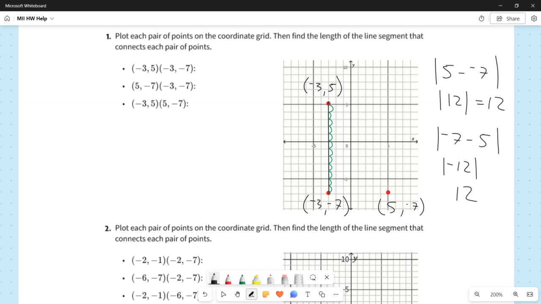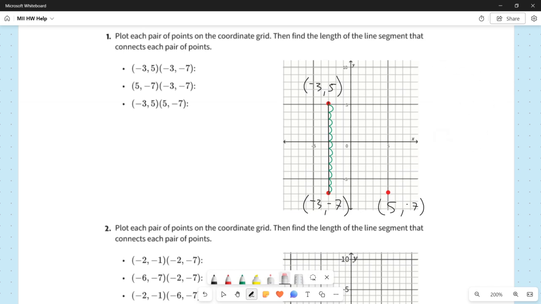So no matter how you do this, you get 12. And so the length of the line segment that we just drew is, actually, let me erase all that extra stuff and erase the green. And our length here is 12.